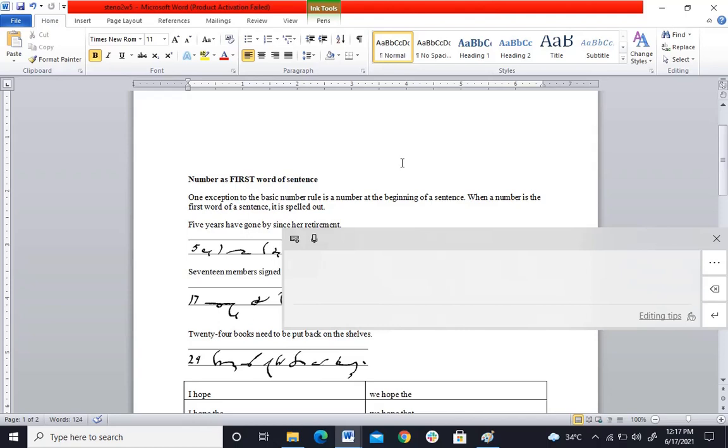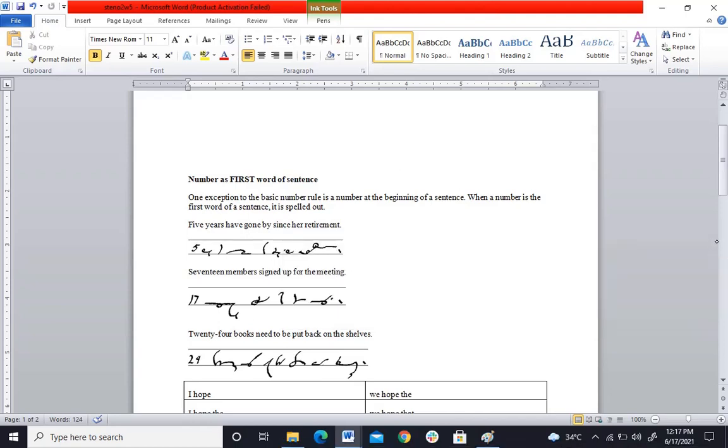But in steno, in shorthand, you're going to use words. So, you spell out 1, 2, 3, 4, 5, 6, 7, 8, 9, 10. But when it's higher than 10, you write it as numbers.